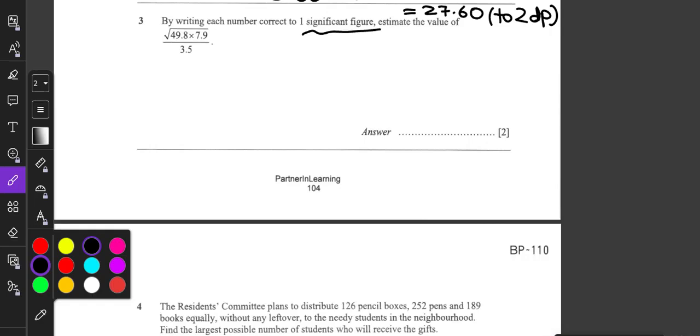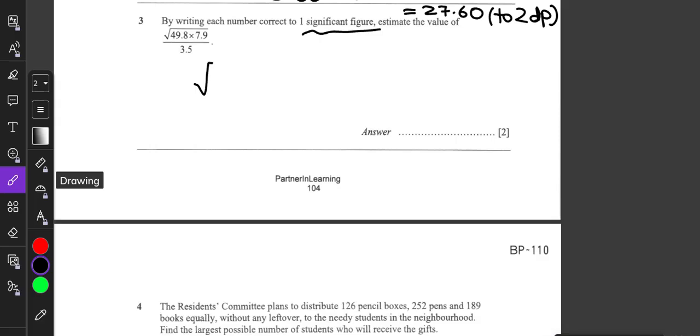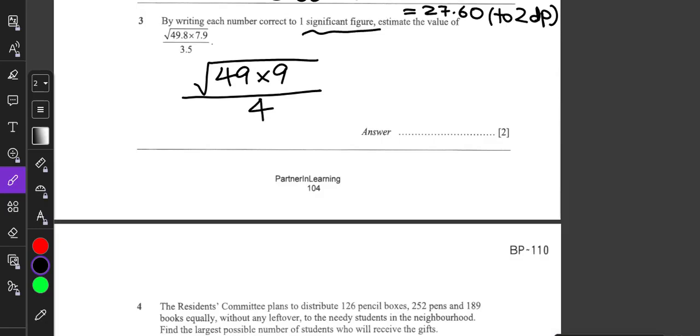Corrected to one significant figure, we still write the square root, because the question does not change. So give your square root sign, and it will be 49 times 9 over, because it says one significant figure, 4.